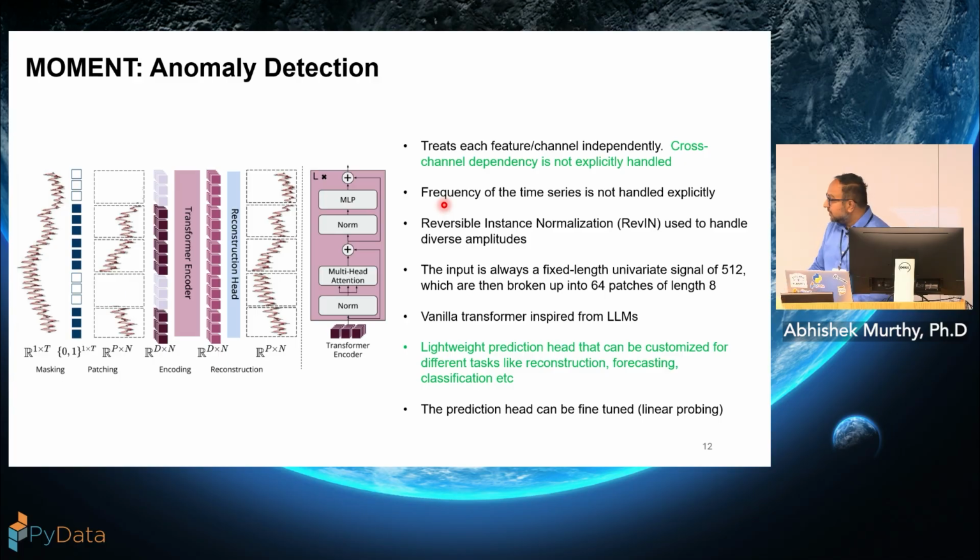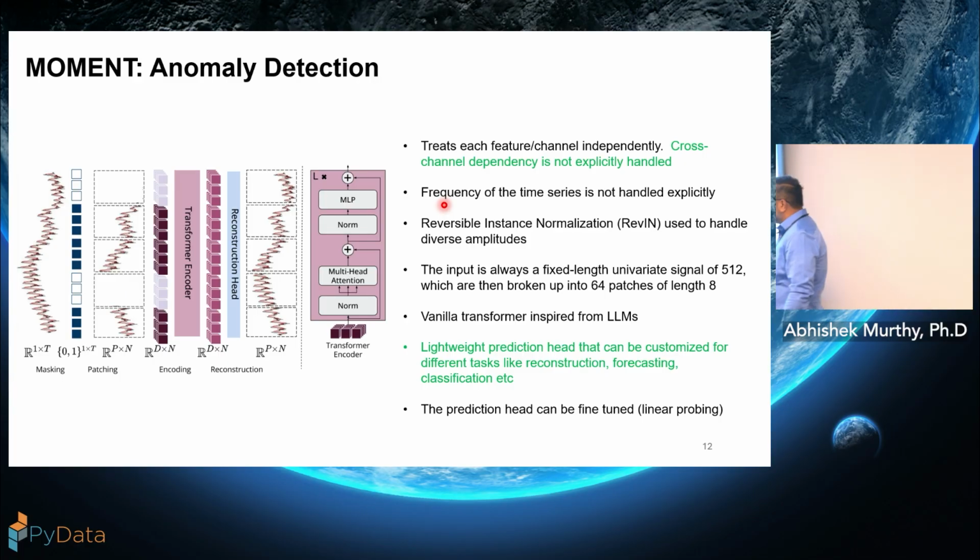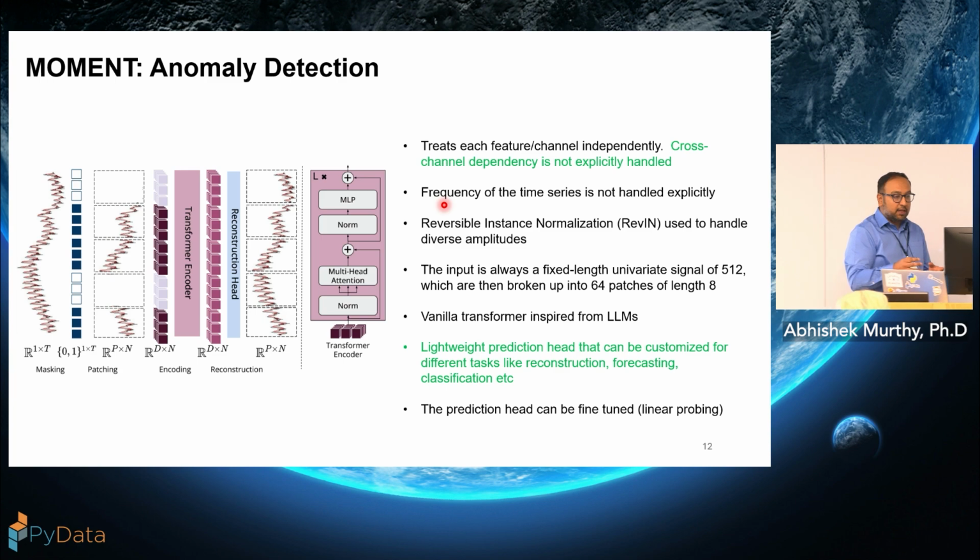And finally, they use this so-called lightweight prediction head, which comes in different flavors. So if you're interested in reconstruction, they give you a reconstruction head. If you are interested in forecasting, they give you a forecasting head. And a way to fine tune is what is known as linear probing.